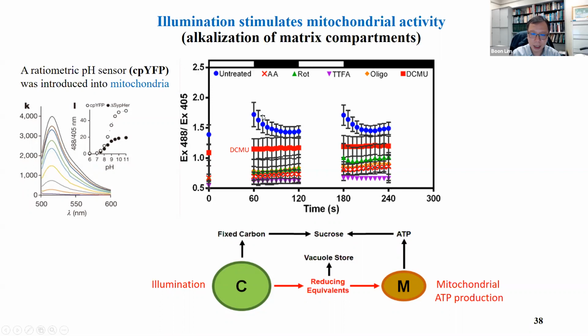And this is inhibited by DCMU. So when we combine these observations, we can see that during illumination, some reducing equivalents are transported into the mitochondrion, and that can drive ATP production.